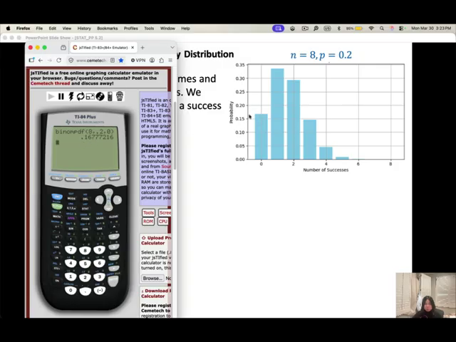So it's about like here. Do the same thing when x equal to 1. So 8, 0.2, x equal to 1. That will be 0.336. Okay, about like here, 0.336. So you're going to do it one by one until x equal to 8.